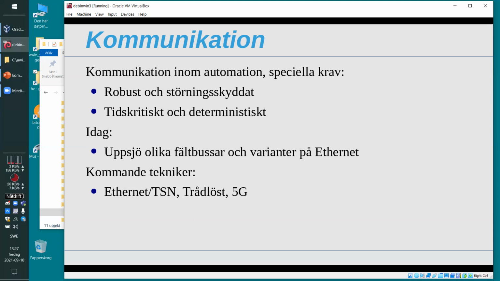And today you have quite a lot of different field buses, different communication technologies. Each company has typically invented their own, and you have many different ones today. The last 10 years, more and more have been trying to look at normal Ethernet. That's a very widespread technique because it's the normal internet technology that we have everywhere.